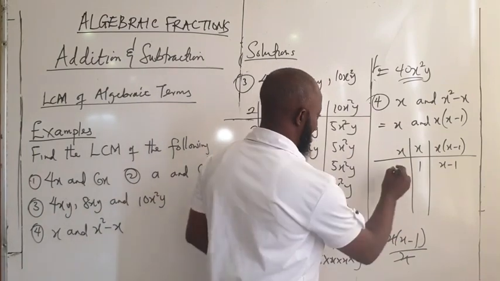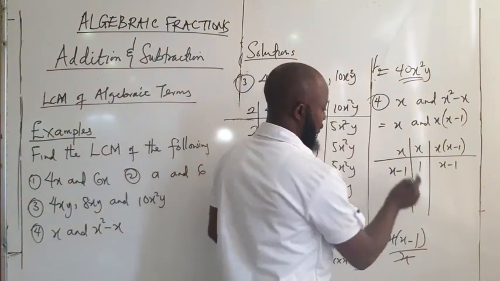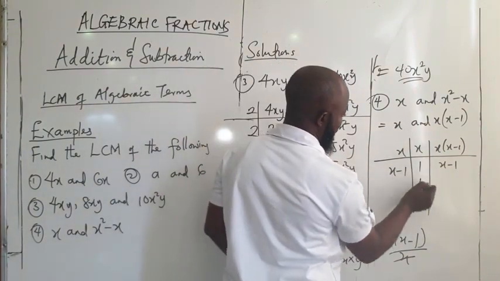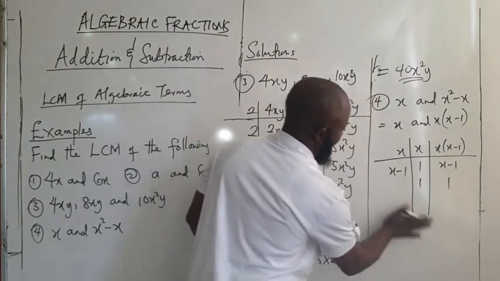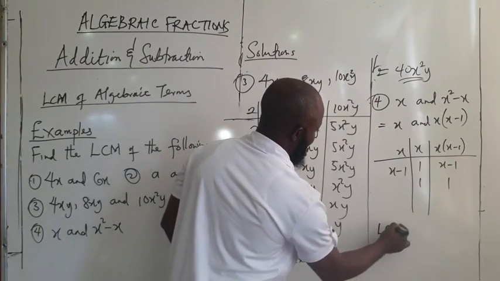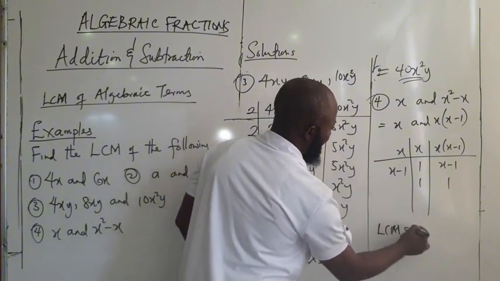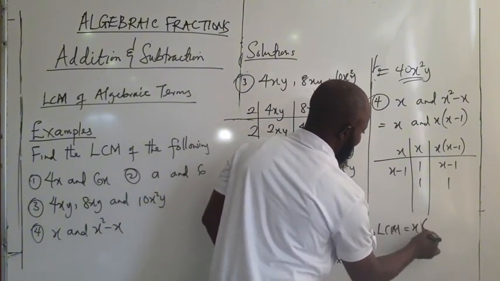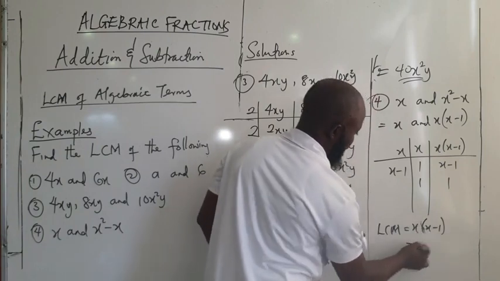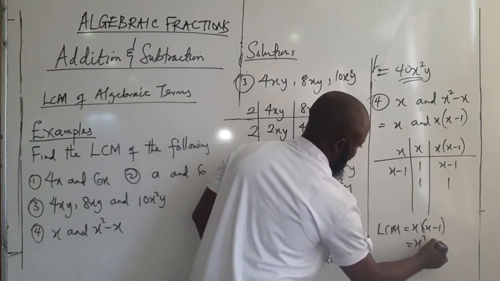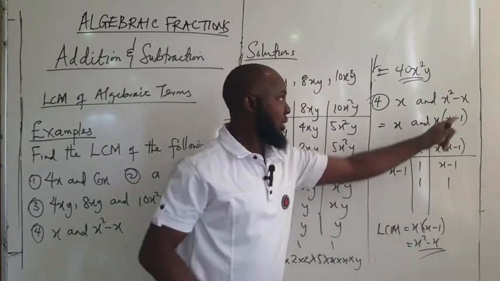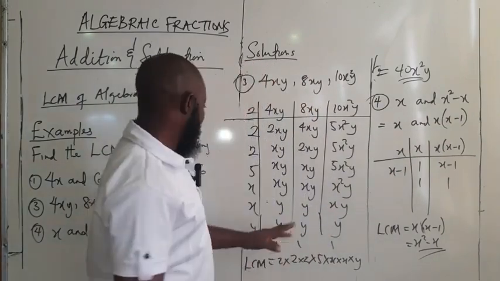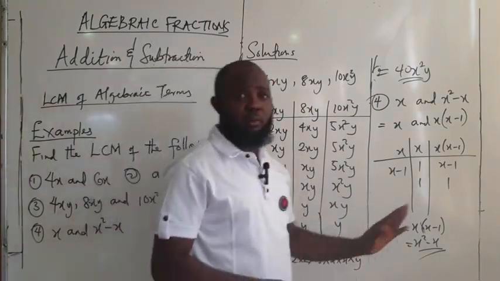So which means x minus 1 is the next thing, x minus 1. So x minus 1 here is 1, 1. Therefore, LCM here will then be what? x times, that is into bracket x minus 1, which we can see to be x squared minus what? x, which is this. Is that clear? So that is that on LCM of algebraic terms.